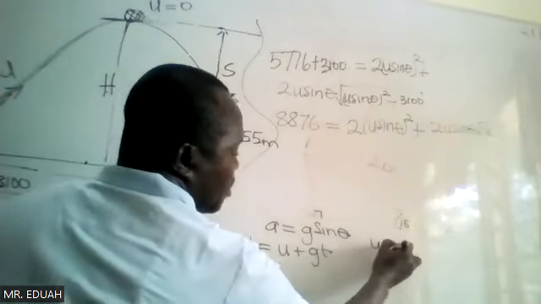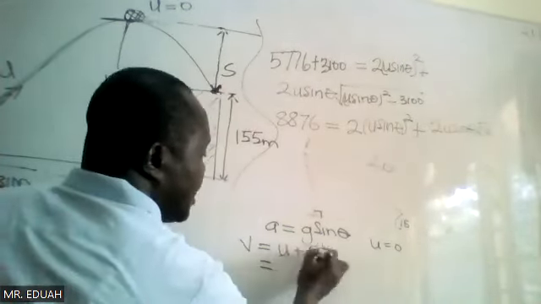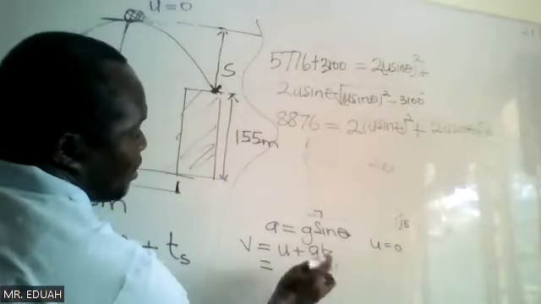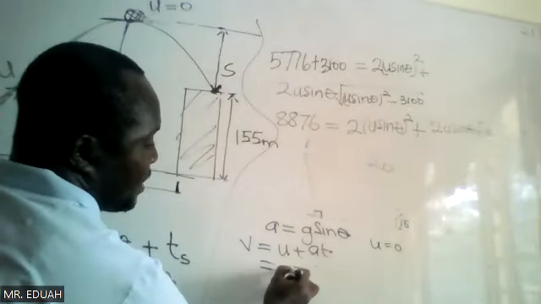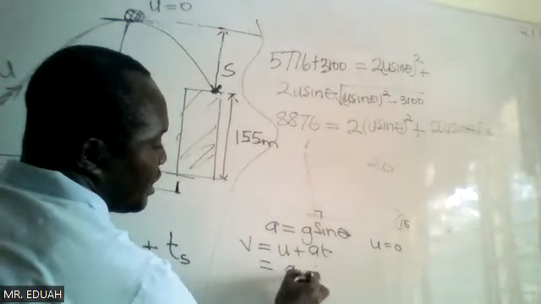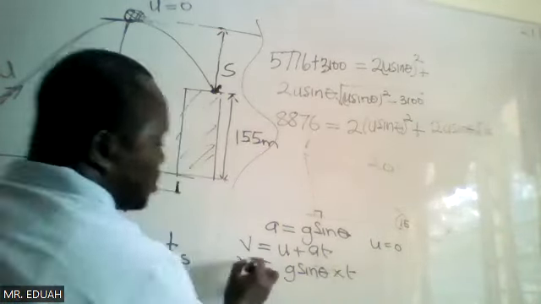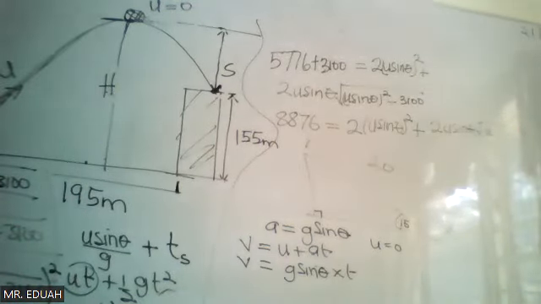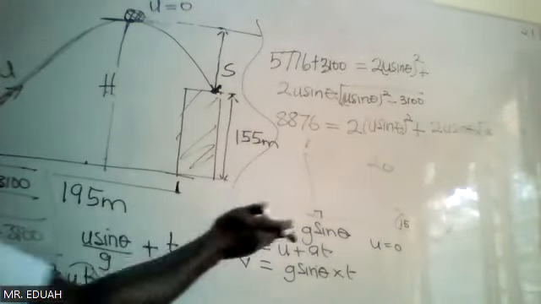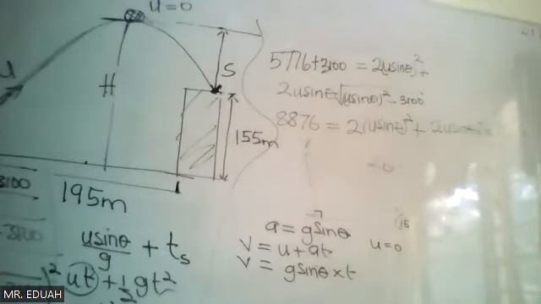When you substitute the acceleration a, you have g sine theta times t. So whenever you are looking for the velocity within a given time, this is what you use.